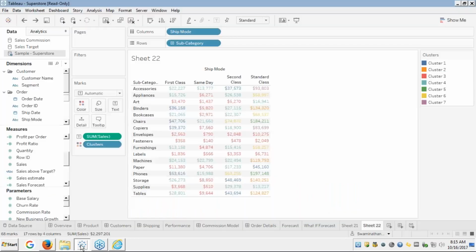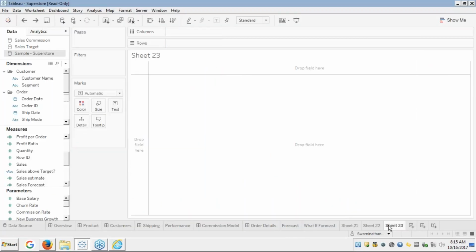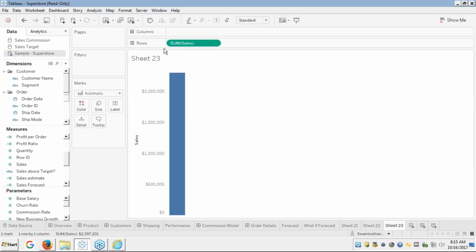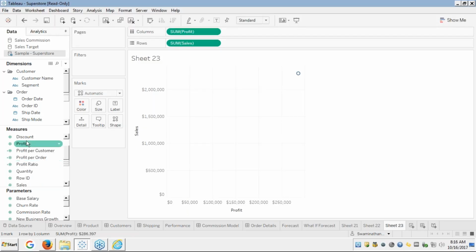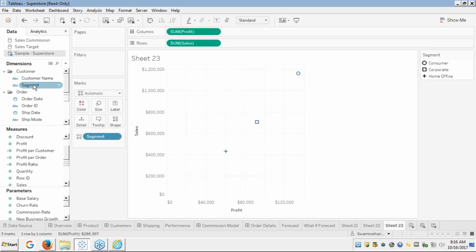Do you remember, friends, we were looking at a scatter plot, checking how my sales is performing with respect to its profits across all categories, sum of sales. Weren't we checking this sum of profits? And we were seeing that based on various segments or categories.